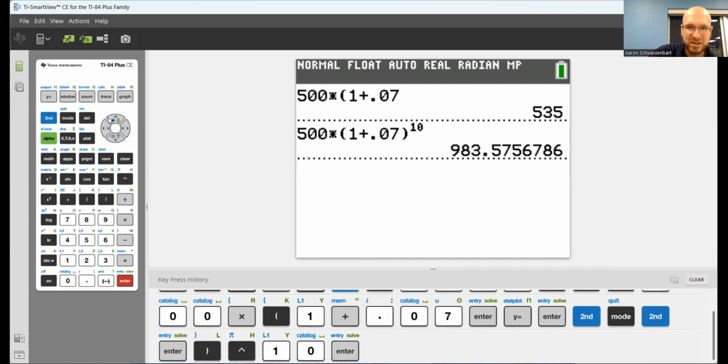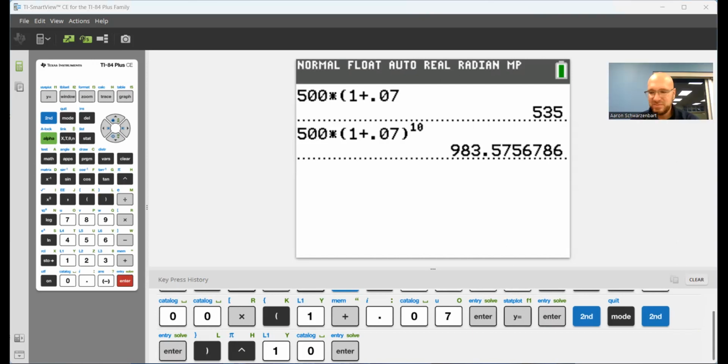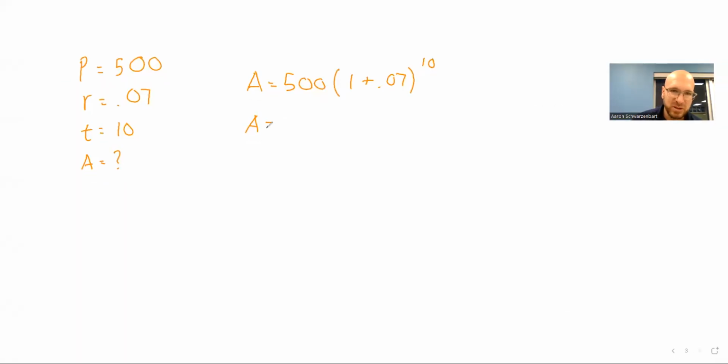And I get 983.5758 if I round it correctly. And that was example 1, relatively straightforward. Make sure you put dollar signs on this because this is in dollars.